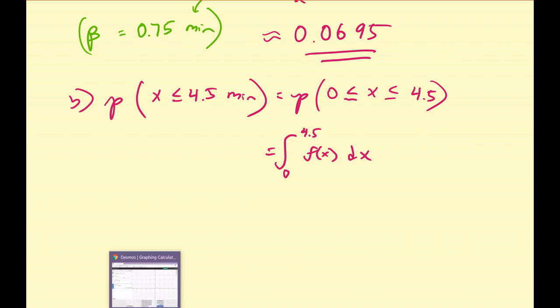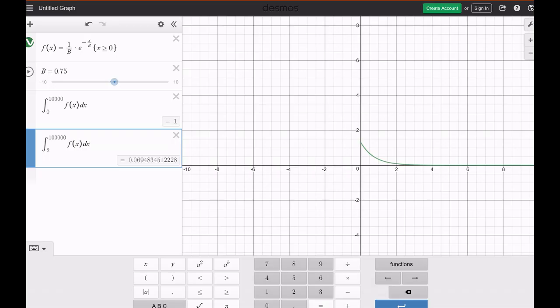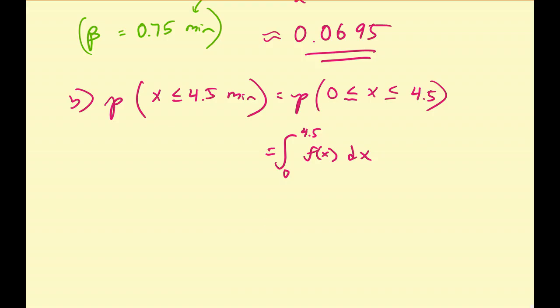So let's go from 0 to 4.5 to see what this is. It is going to be 0.9975.